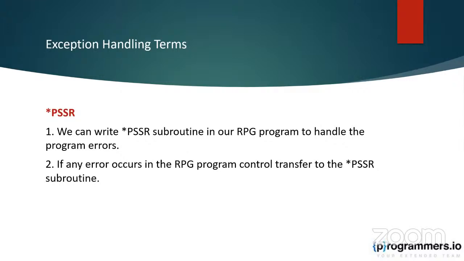What we need to do is just declare this subroutine in the program, and if we get any error anywhere in the program, the control will transfer to this PSSR subroutine, and it will handle the error, and we can also display the information related to that error.